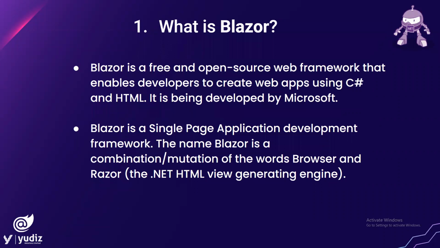Blazor is developed by Microsoft. Blazor is a single page application development framework. So here we have a question: what is a single page application? A single page application loads only one time, and then afterwards the body part is updated via JavaScript. In a single page application, a refresh never occurs, and it is less costly than a multi-page application.